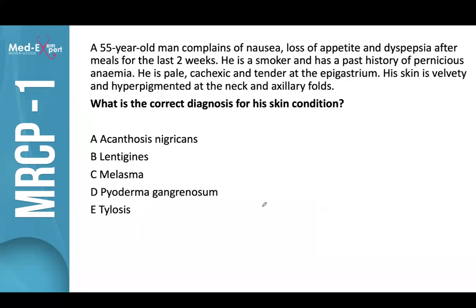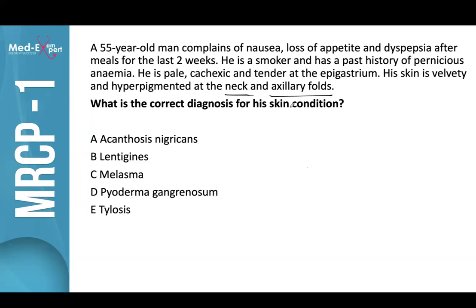A 55-year-old man complains of nausea, loss of appetite, and dyspepsia after meals for the last 2 weeks. He is a smoker and has a past history of pernicious anemia. He is pale, cachectic, and tender at the epigastrium. Could be some gastric cancer. It is going in the direction of a gastric cancer. He has velvety, hyperpigmented skin at the neck and axillary fold. What is it?